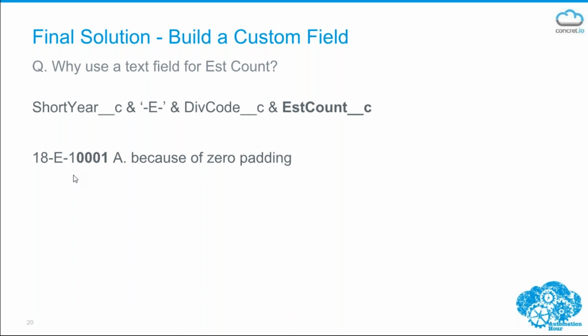Bruce asked, what if there is no division match? Or why not furnish division as a pick list on the user record?